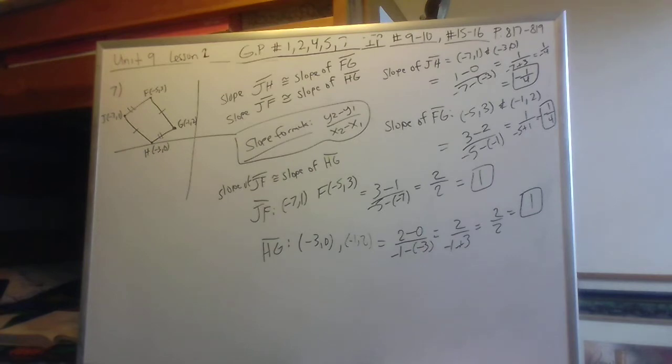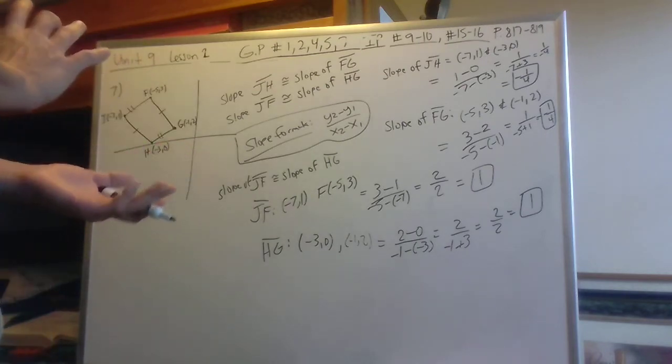that means these points create a parallelogram. So even though the drawing in the book doesn't look like it's a parallelogram, I think they just did it to throw you off and for you to use algebra.